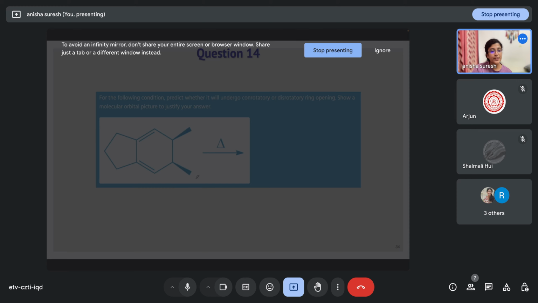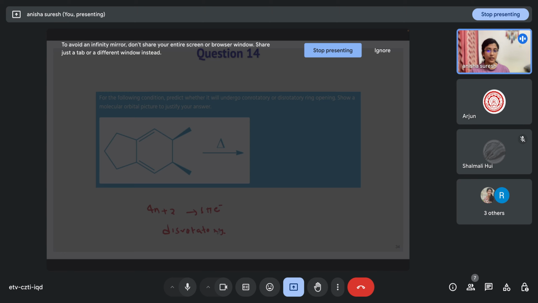So this is which sort of system? 6 pi electron, 4n plus 2. So under thermal condition, it will undergo disrotation. So it will be undergoing disrotatory mode of rotation.